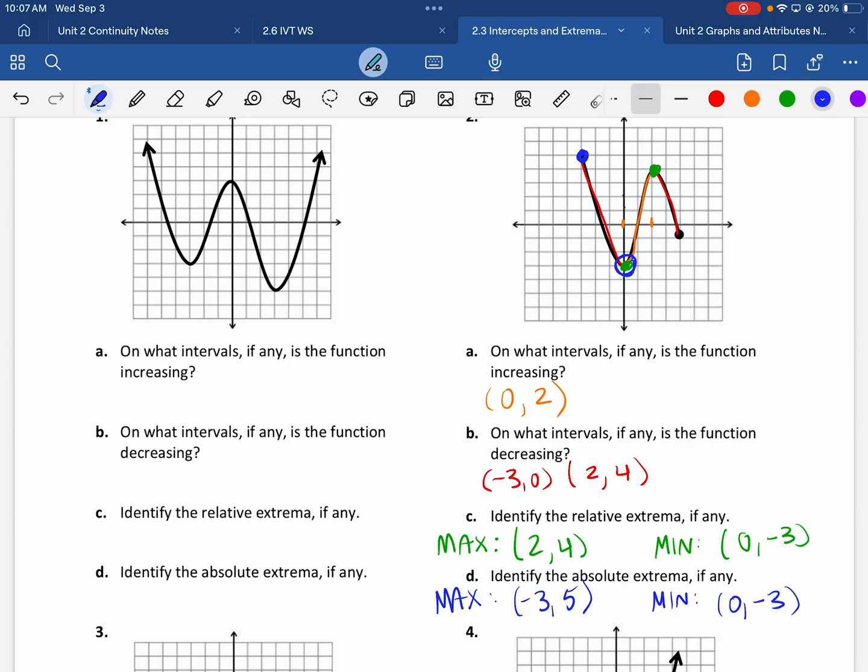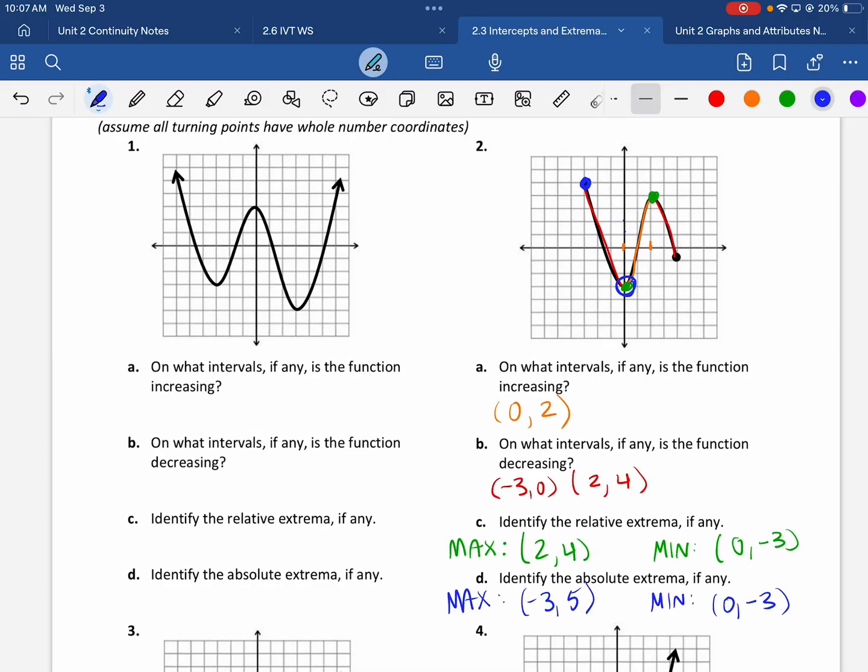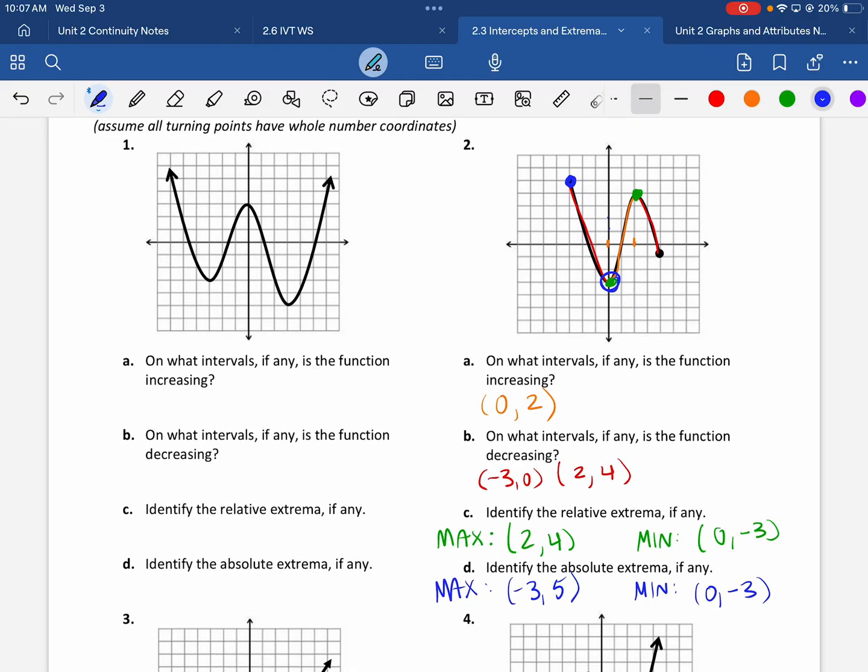Like on number 1, for absolute extrema, what is the absolute minimum? Negative 5.